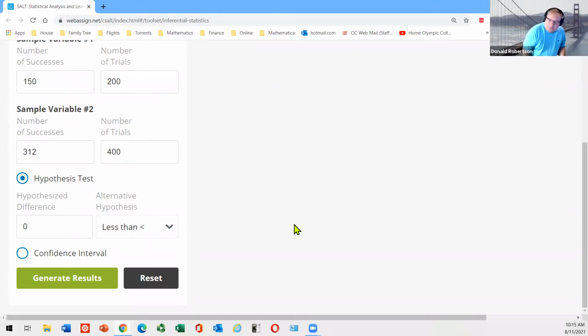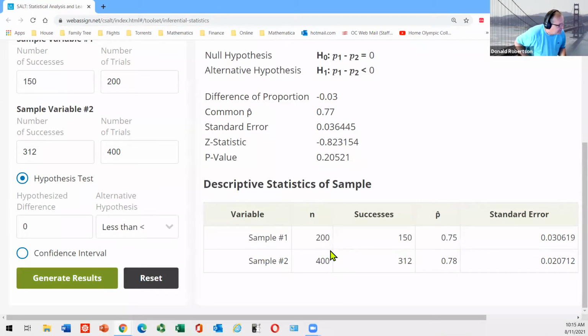It's equivalent. John is taller than Mary. Mary is shorter than John. Isn't that the same information written from two perspectives? So that's what that little guy there is. Right, generate results. Do you see my negative 0.8?